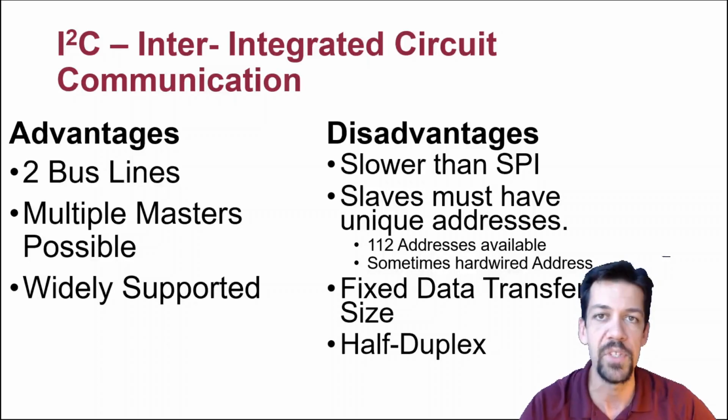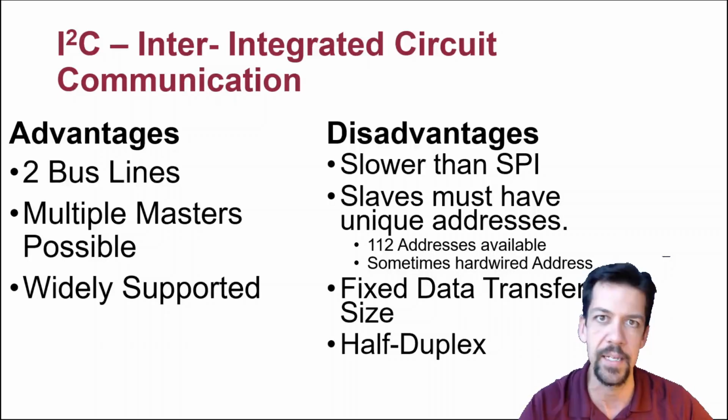Sometimes you might have a device that has the same hardware address, even though it's made by a different manufacturer, as something else that's on your bus. Plus, if you have multiple devices of the same type, maybe you're reading a bunch of the same type of sensor in a bunch of different places, you have to figure out how to change those addresses.